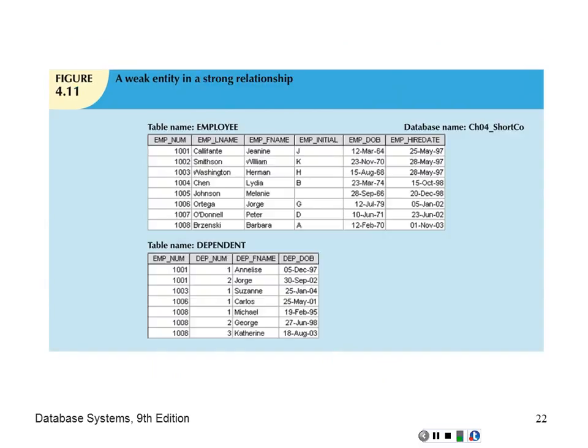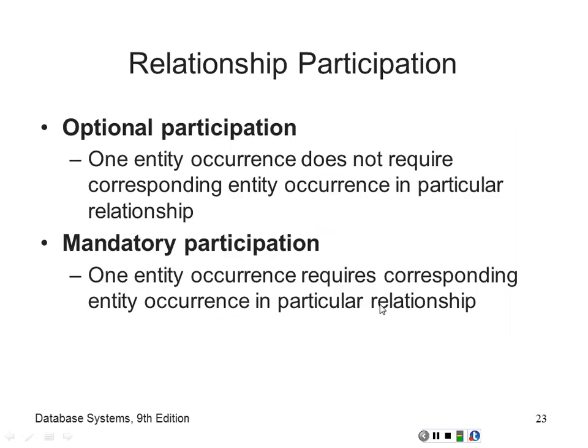Okay, so here's a sample database for employee and dependent. And as you can see, employee 1 has 2 dependents and 8 has 3 dependents. And unless 8 makes a lot more money, 8 will have a lower average income. So relationship participation, we talked about this, optional and mandatory.